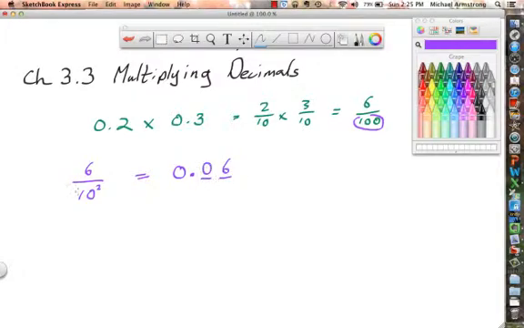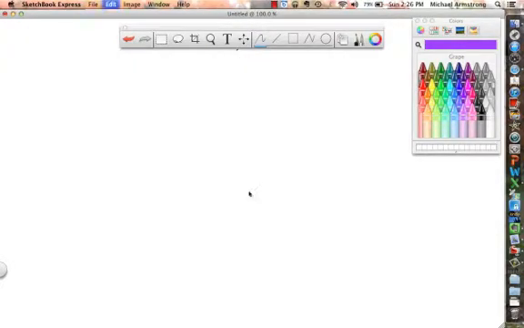Sometimes we just count zeros. We know that there are two decimal places here because there's 2 zeros. But they're smart to think about it as decimal powers of 10. So 2 times 3 equals 6/100ths, and that looks like this. Okay, so that's simple. That's easy.